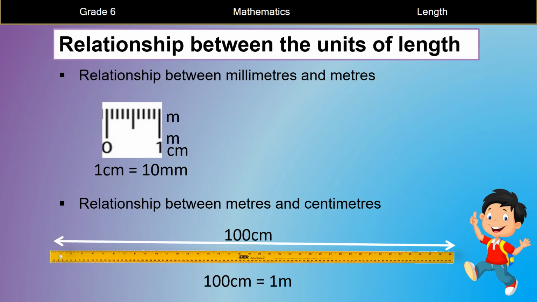Therefore, we say that 1 meter is equal to 100 centimeters. So the relationship between meters and centimeters is 1 meter equals 100 centimeters.